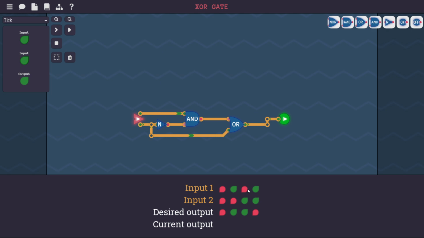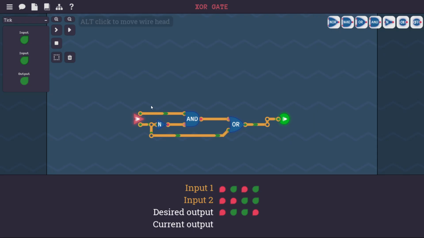So in this case, we want to check that the XOR gate checks if the inputs are the same, and if they are the same, it becomes off. It checks if the inputs are different, and if so, it fires.